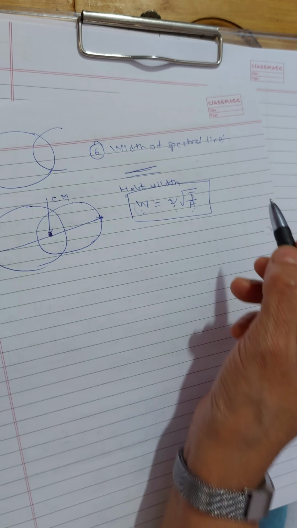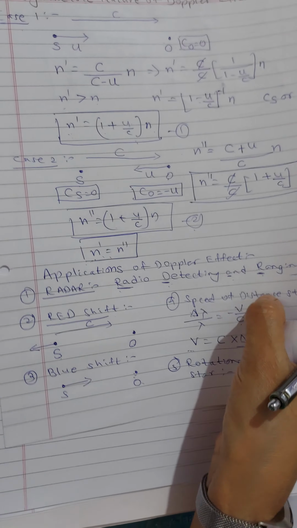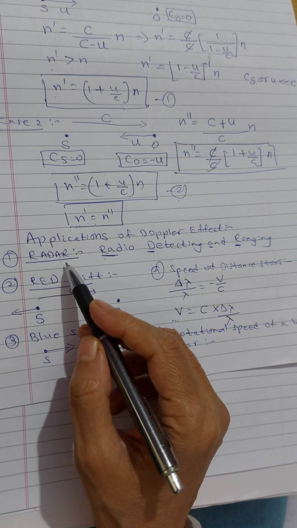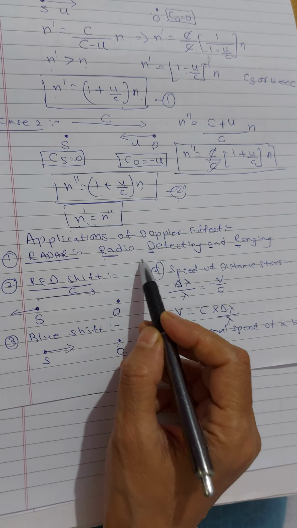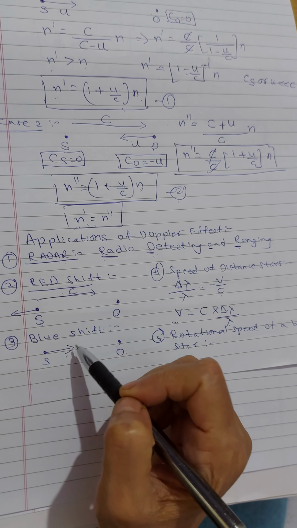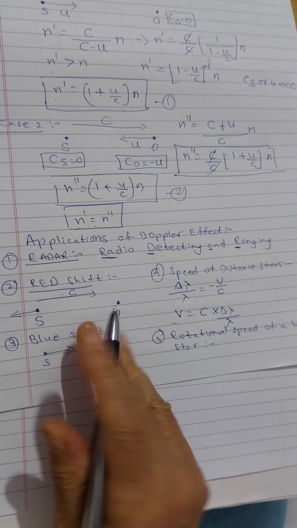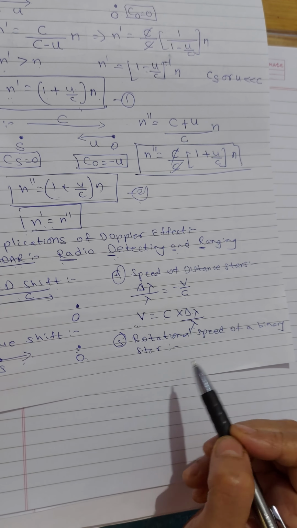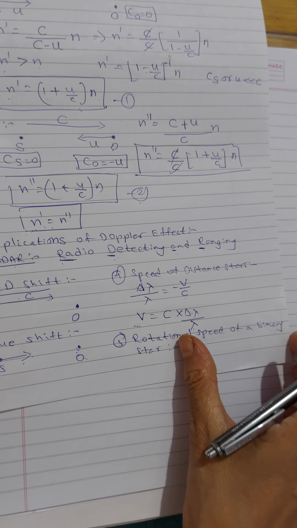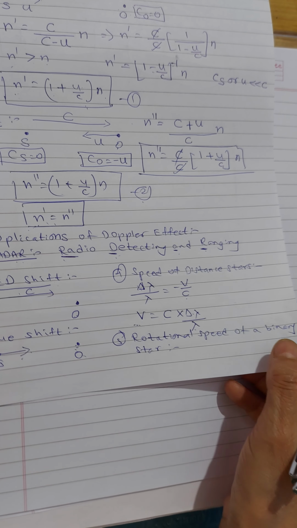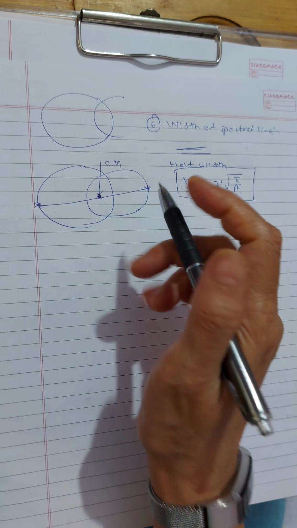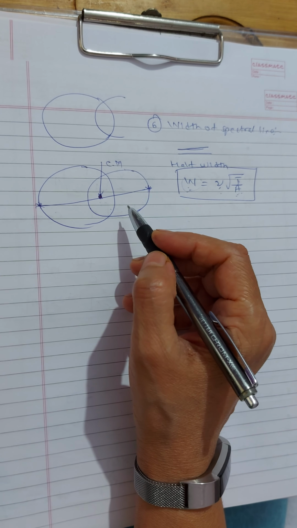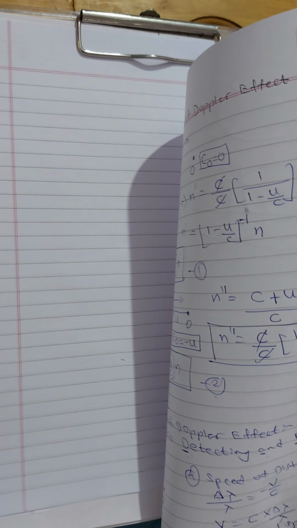So these are basically the 6 applications. Everybody knows about radar, how to detect an object on its path. Red shift and blue shift we already discussed in the earlier topics. Then comes the speed of a distant star, where we have a formula. Then the rotational speed of a binary star. Binary stars always occur in pairs, so with the center of mass it is easy to get their rotational speed.